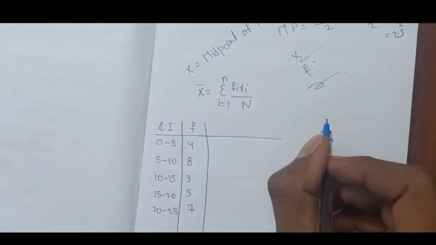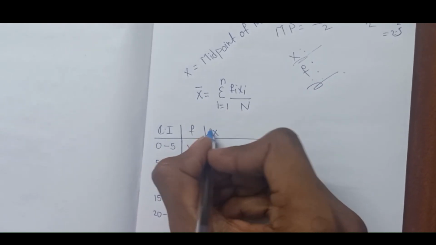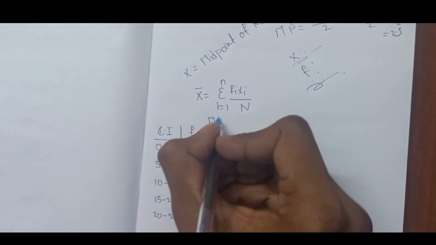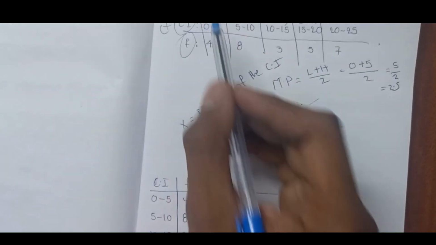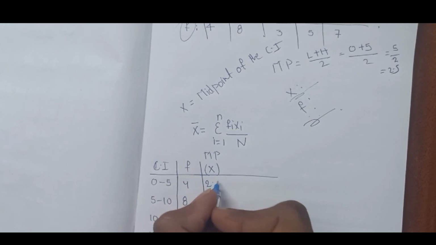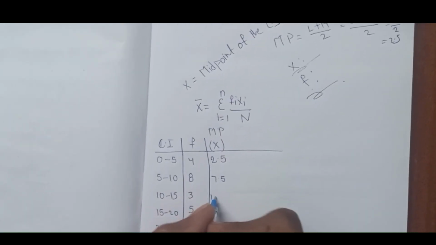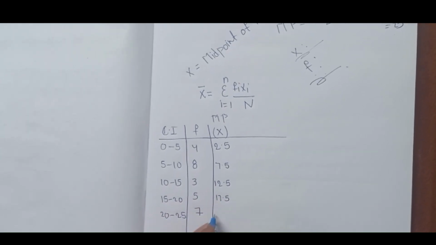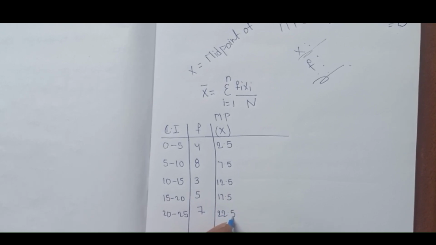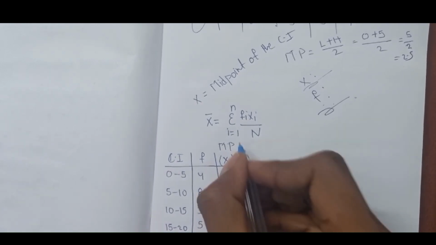Now we want to find the values of x first. What is x? X equal to midpoint. Before, we found the values of x: 2.5, 7.5, 12.5, 17.5 and 22.5. And what we want is fi into xi, so we want another column.